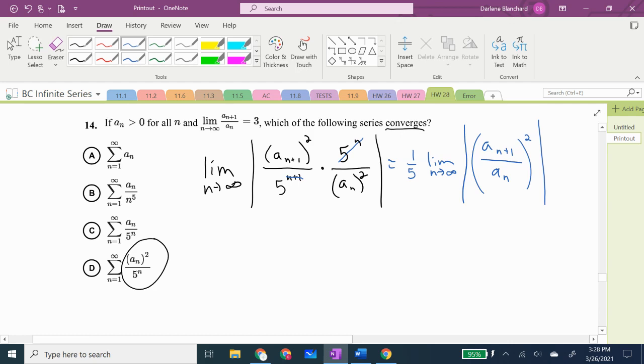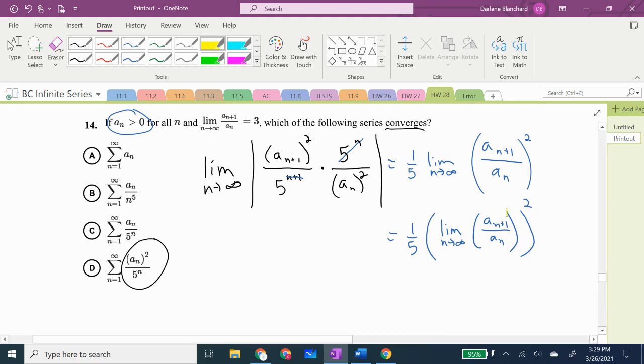You know, I don't need those absolute values looking at the fact that it tells me a sub n is greater than 0 for all n. So now what I can do is bring out one of my limit laws. And if I have an exponent inside my limit, that exponent can go outside my limit, and I can first figure out what is the answer to this limit.